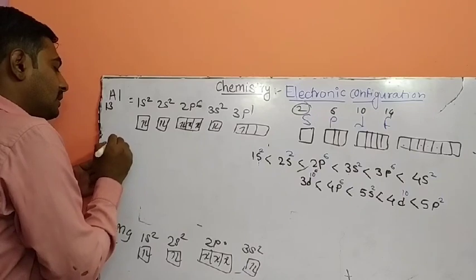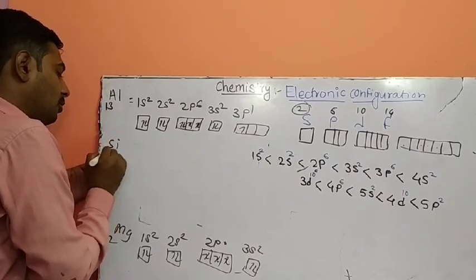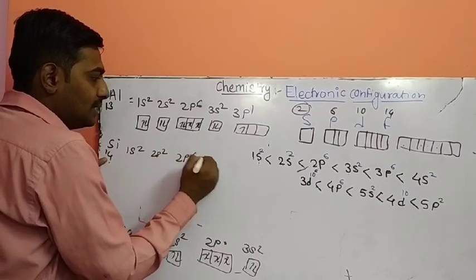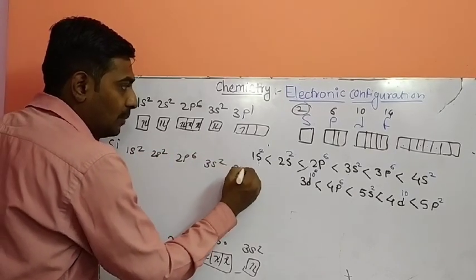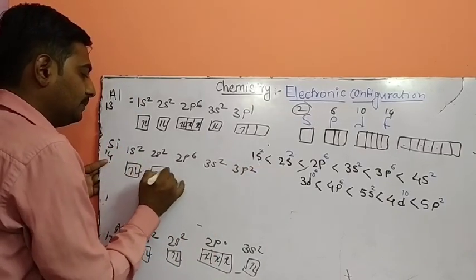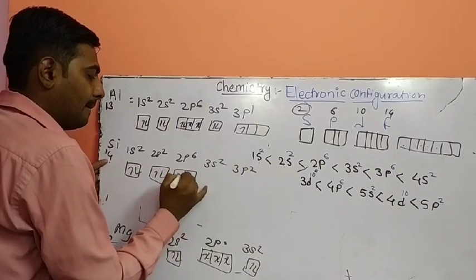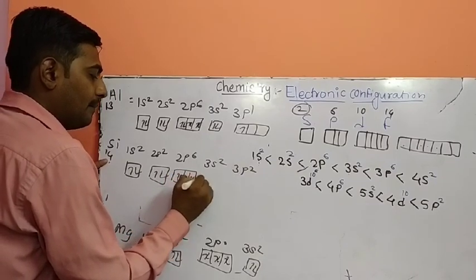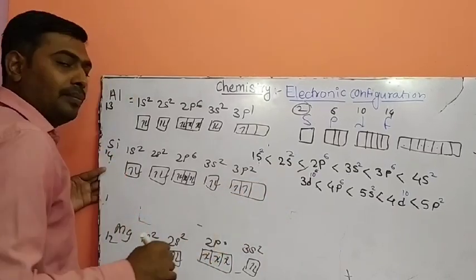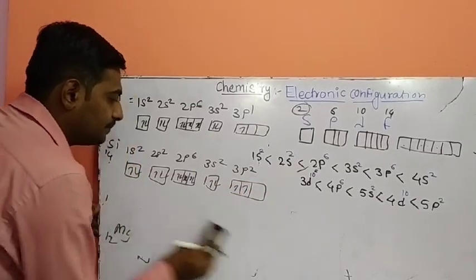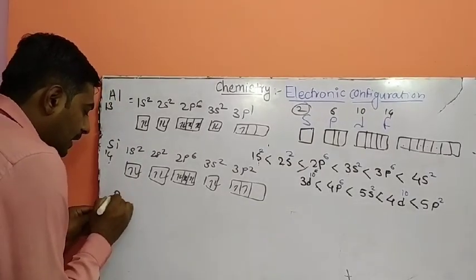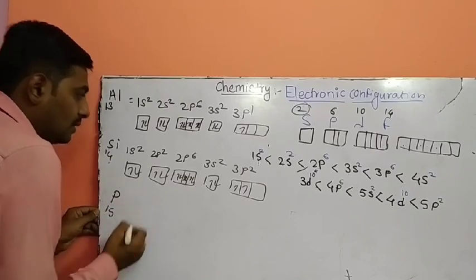Then silicon, atomic number 14: 1s2, 2s2, 2p6, 3s2, 3p2. So it will be like this. Next, atomic number 15, that is phosphorus.